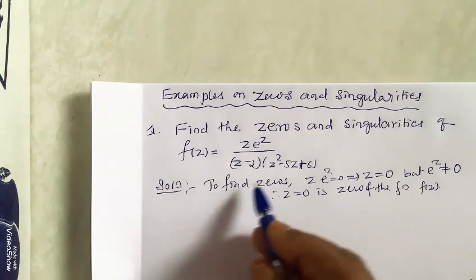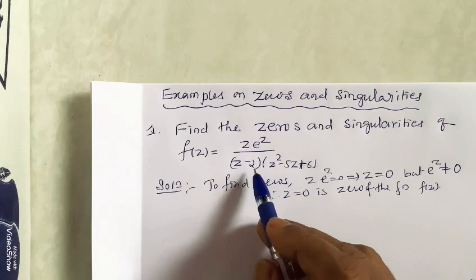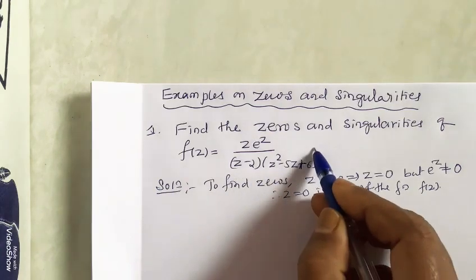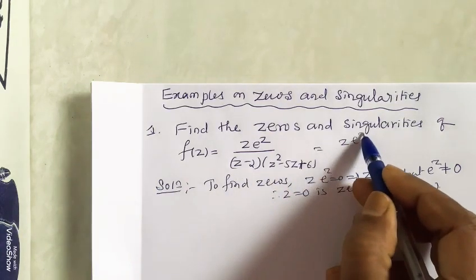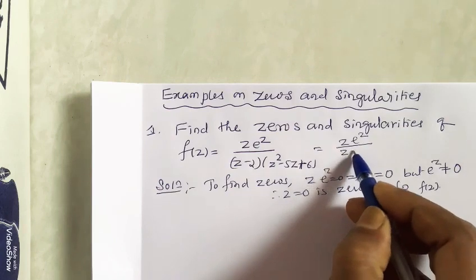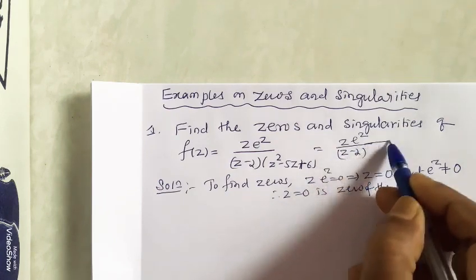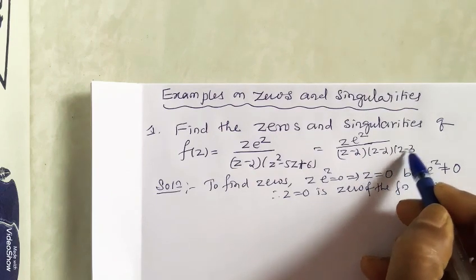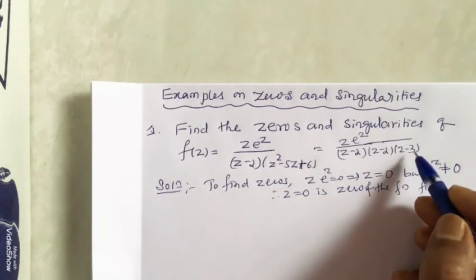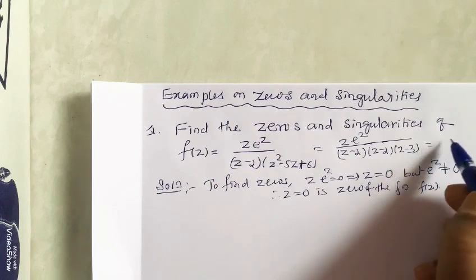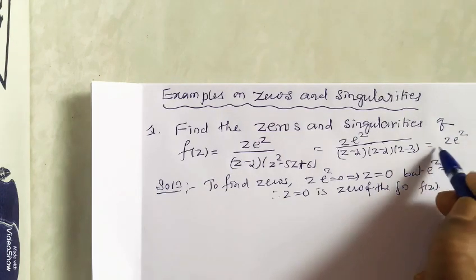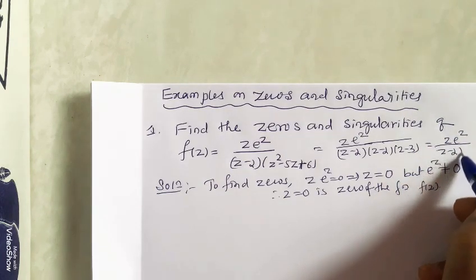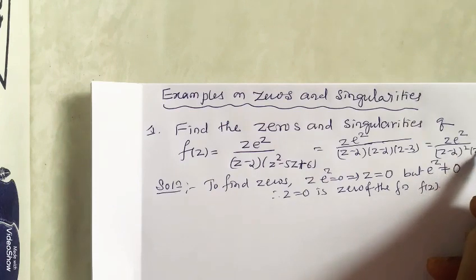Then what are the singularities? f z is z into e raised to z divided by z minus 2 into z minus 2 into z minus 3. So this is nothing but z into e raised to z divided by z minus 2 whole square into z minus 3.